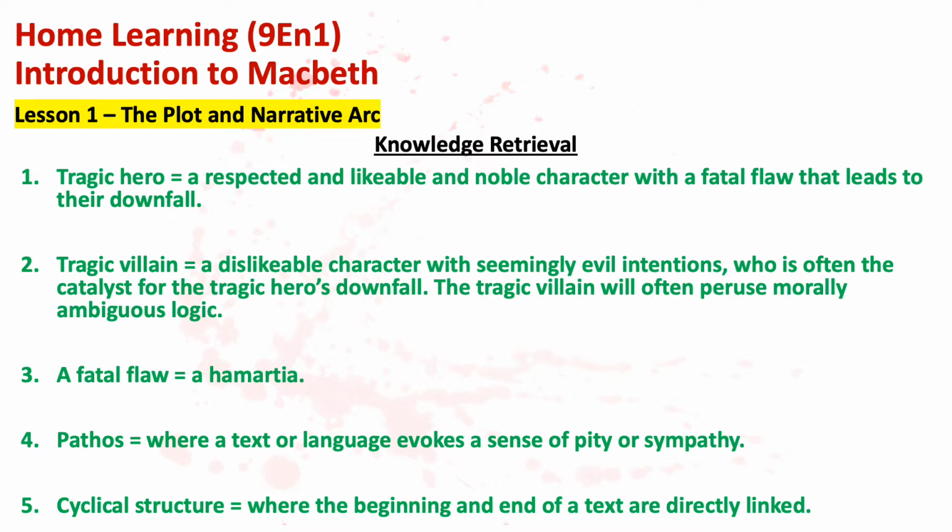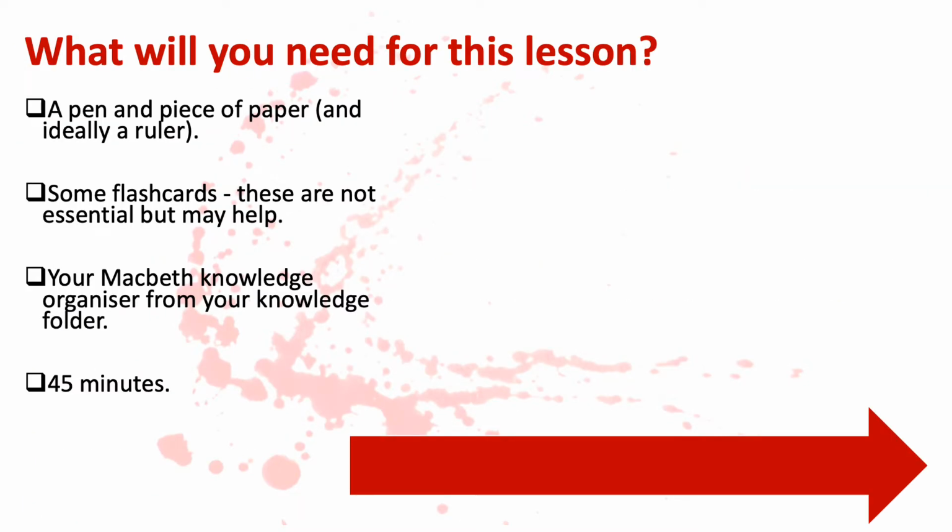As always, you should be aiming for at least 4 out of 5, because that should be your 80% mark. Now, what will you need for this lesson? This lesson is looking at the plot of Macbeth. Basically, the lesson is looking at what actually happens in Macbeth and how Macbeth is a tragedy. What you're going to need is a pen and a piece of paper, also ideally a ruler.